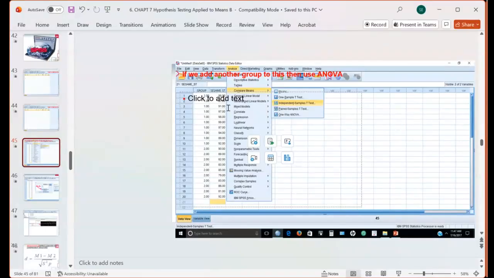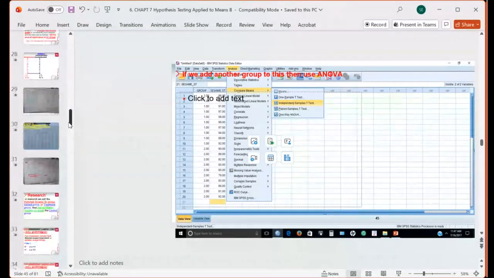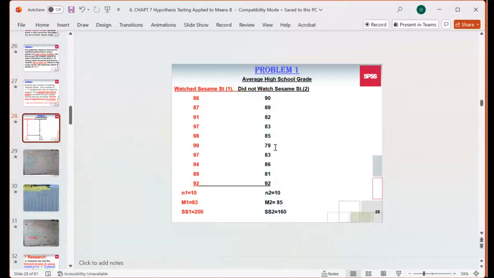And those values that I showed you, you just stack them up. It's the same data here and here. That's your group 1 in red, group 2. Except here we have them in two columns, but we're going to stack the watched Sesame Street group 1 on top of the didn't watch Sesame Street, or stack the red on top of the black.